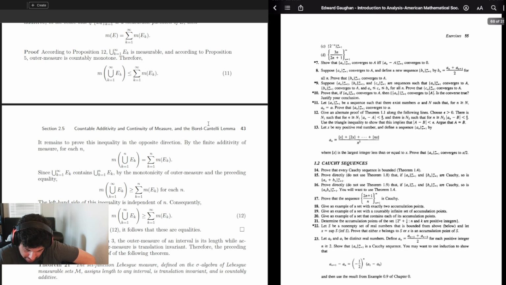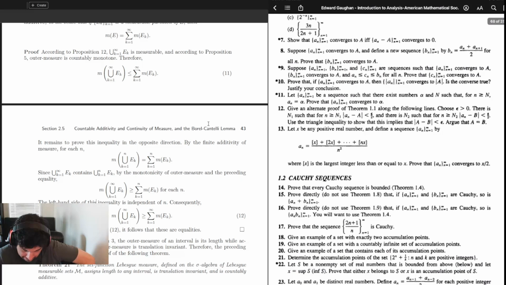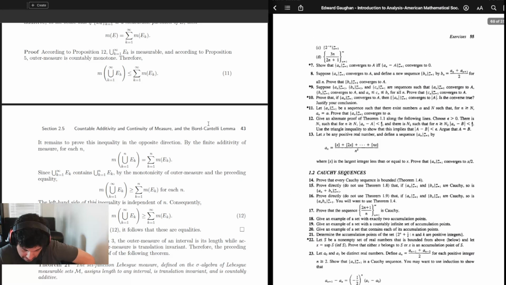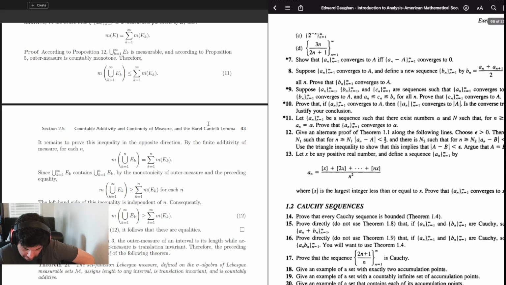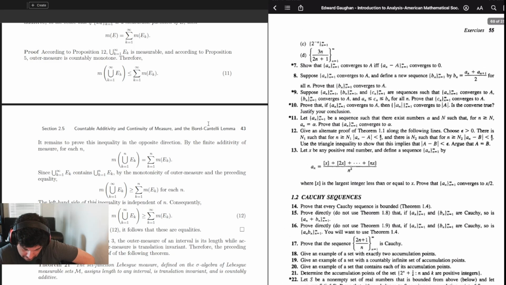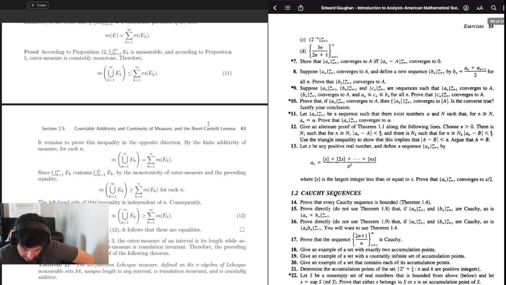Okay, it's got to be here somewhere. Squeeze theorem.